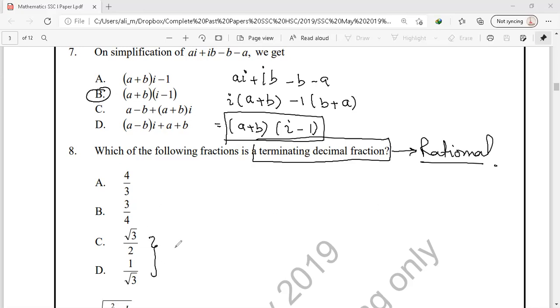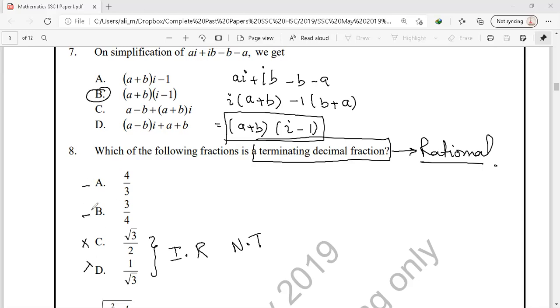So these two options are actually irrational, because here an integer is coming inside the square root, it means this number will be an irrational number. An irrational number is not terminating, it is always non-terminating. So these options are incorrect.